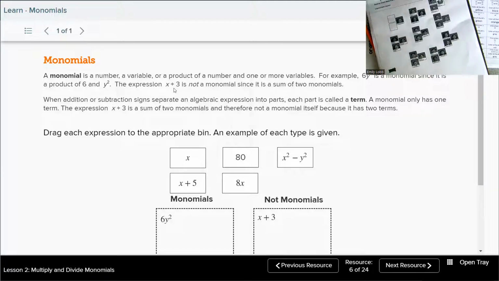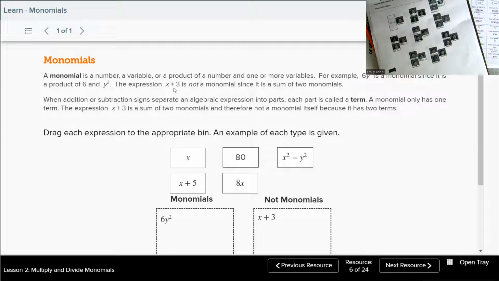So anything with a plus or minus between them separates the terms, okay? So it's only one term. When addition or subtraction signs separate an algebraic expression into parts, each part is called a term. A monomial only has one term. So mono must mean one. The expression x plus 3 is a sum of 2 monomials and therefore not a monomial itself because it has 2 terms.